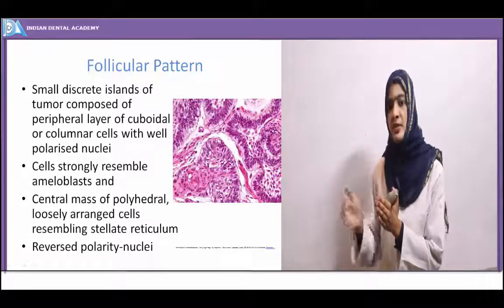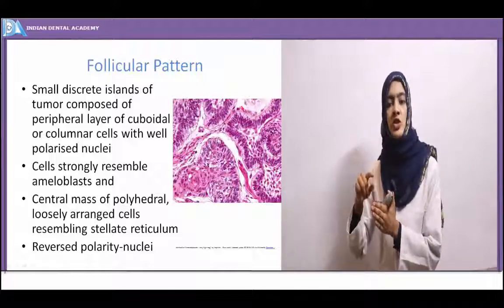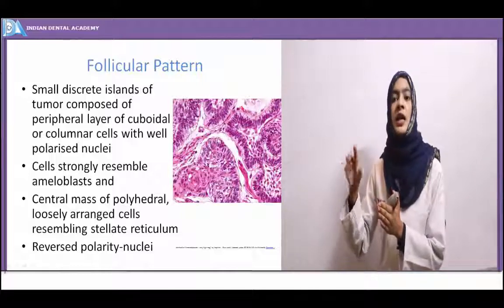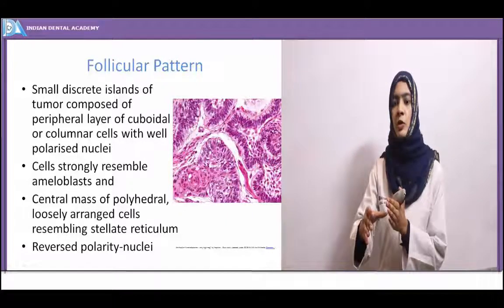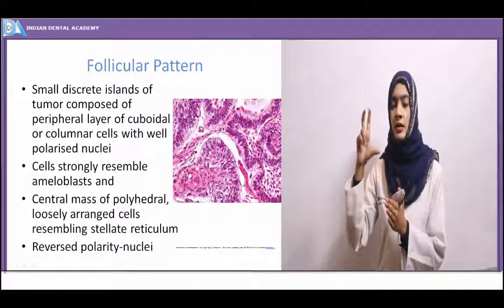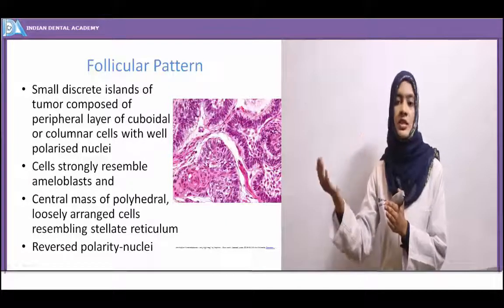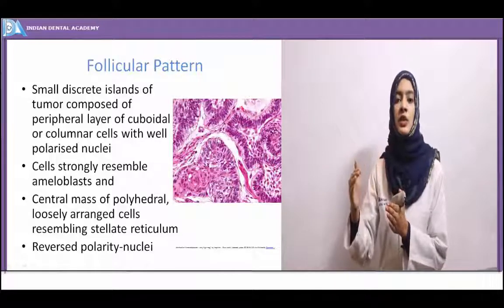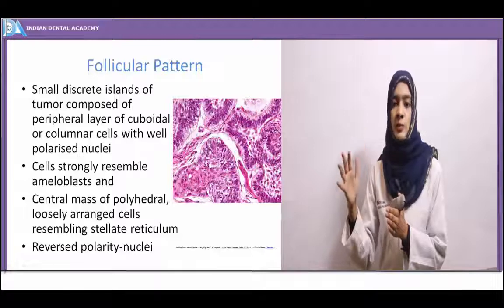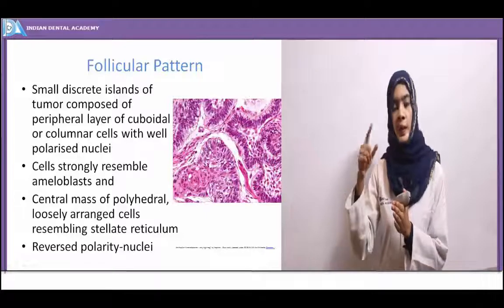If you closely observe the island, the peripheral layer shows the presence of tall columnar cells, which resemble ameloblast-like cells. The nuclei are situated opposite to the basement membrane. That is, the nuclei show the characteristic reverse polarity. Okay, tall columnar cells with reverse polarity peripherally.